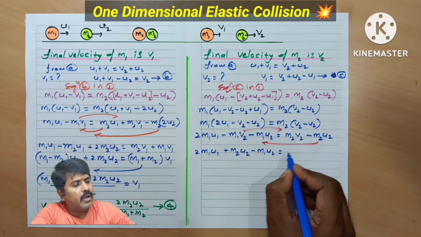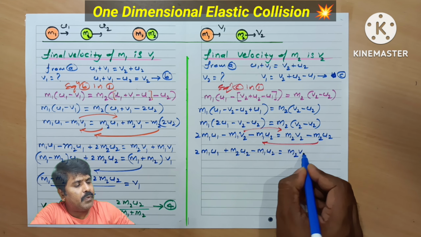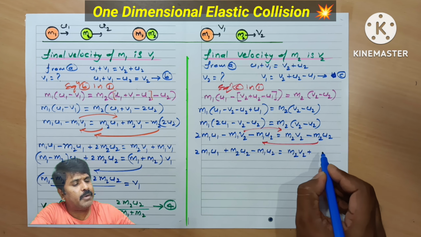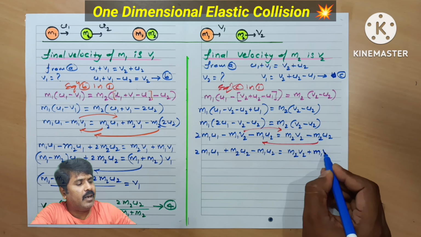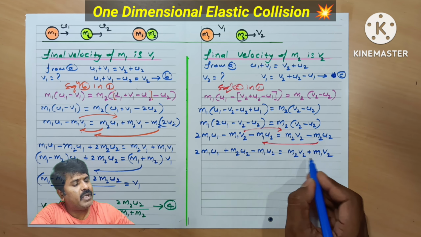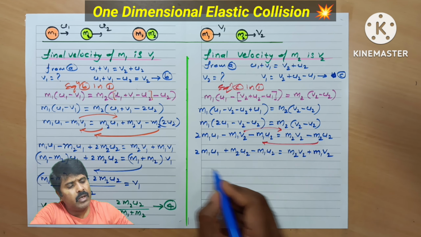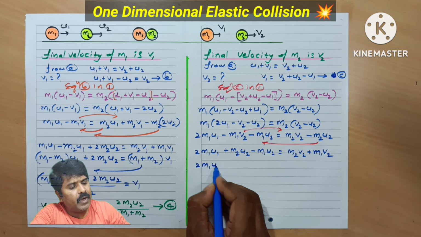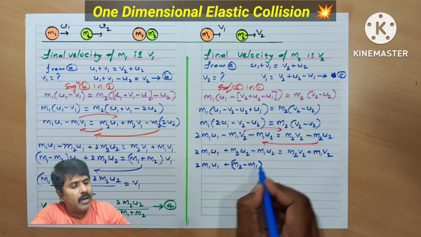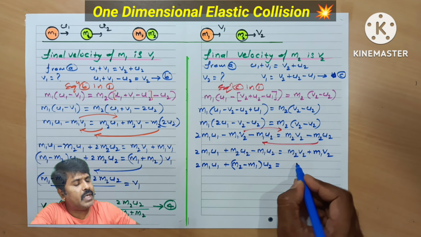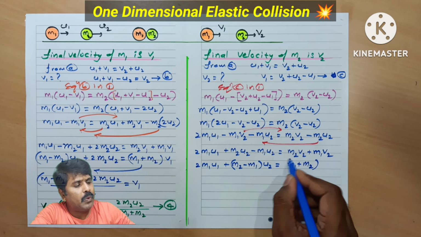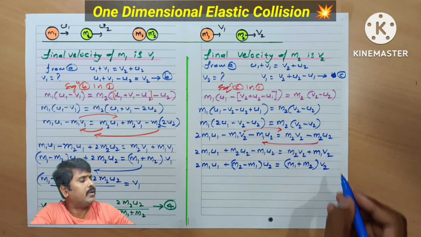This step here, and m1 v2 as usual, writing this value from LHS side to RHS side becomes positive m1 v2, student, and on the LHS side u2 is common and on the RHS side v2 is common. So 2 m1 u1 plus m2 minus m1 of u2 which is equal to m1 plus m2 of v2, student.